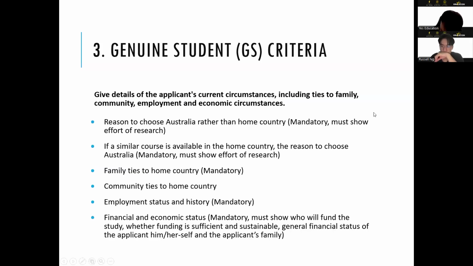Okay, and then we come to the genuine student criteria. There has been a big reform in the middle of this year, and the old GT criteria was changed to the new GS criteria.